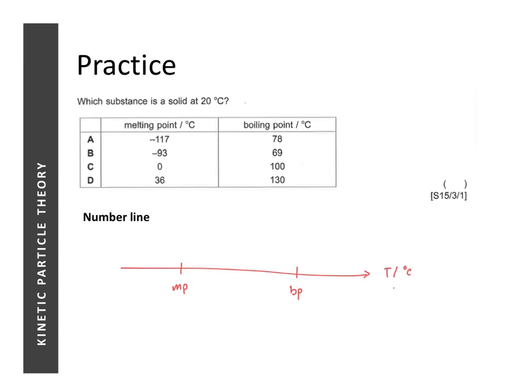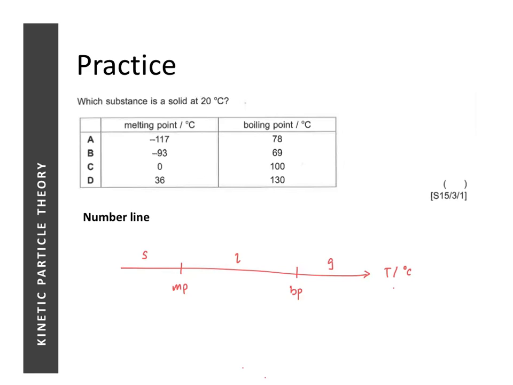Then recognize that at temperatures below your melting point, the substance exists in a solid state. Between melting and boiling point, the substance exists as a liquid, and above boiling point, the substance exists as a gas. Alright, so let's see how we can apply this.